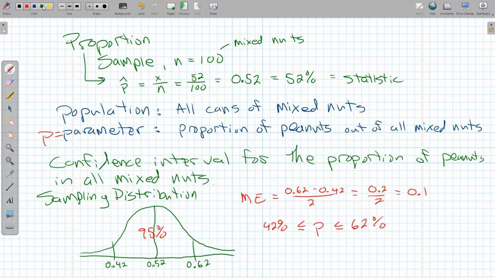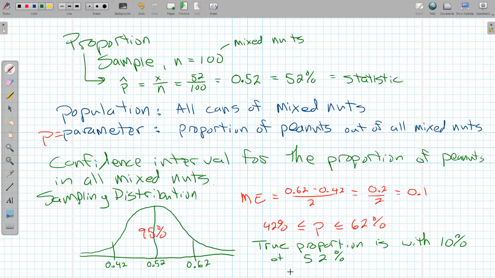Another way to state that is that we think the true proportion is within 10% of that middle of 52%. So I think the average is about 52% peanuts, and I'm within 10% of the actual answer.